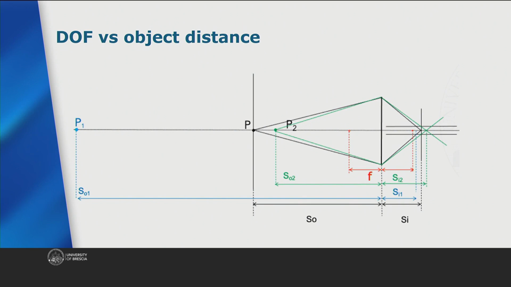Now let's add a third point, P2, placed in the object plane at a distance SO2, which is less than SO. Geometric optical system theory says that point P2 will focus in the image plane at a distance SI2, which is greater than SI. But again, since I can consider a circle of confusion of a certain diameter as being in focus, I can say that point P2 also focuses at a distance SI.